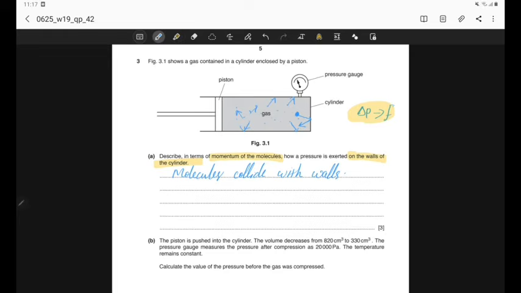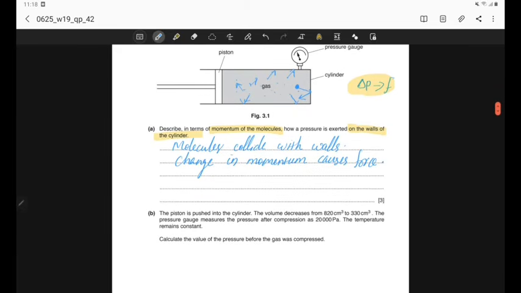So, a very important point: this change in momentum, as the direction changes when it collides, causes force on the walls. So now there are forces acting on the wall. If there is a force, there will definitely be pressure, because pressure is equal to force over area.